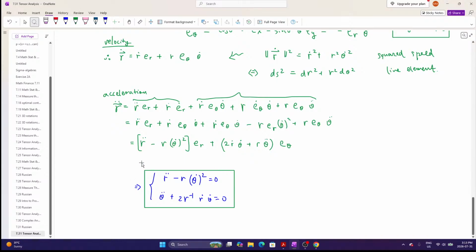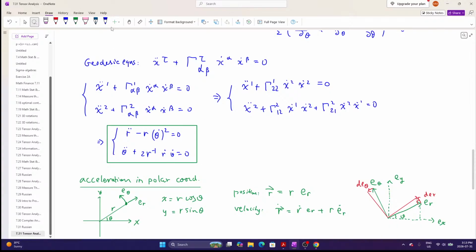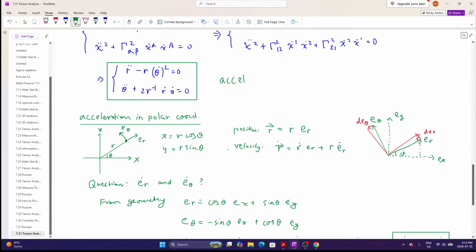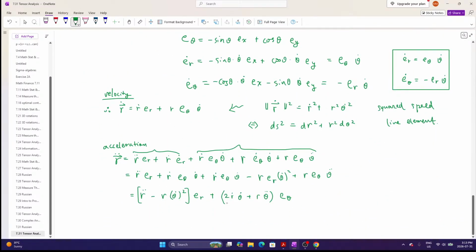So now this mystery is finally solved. Even though solving this equation is difficult and decoupling it is difficult, it has a meaning. It's not obvious, but it does have a meaning.